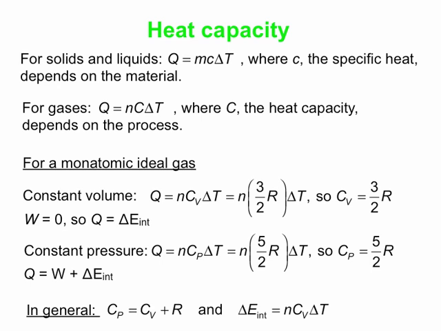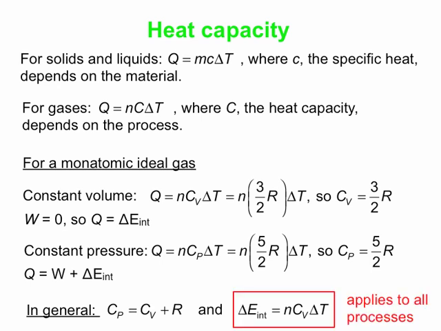The change in internal energy is N Cv delta T and can be applied to all processes because it only depends on delta T. Work, of course, is process dependent, and because of that, Q, heat, is also process dependent. But the change in internal energy is not dependent on the process that takes you from one state to another. And you can apply N Cv delta T to any process to find the change in internal energy.